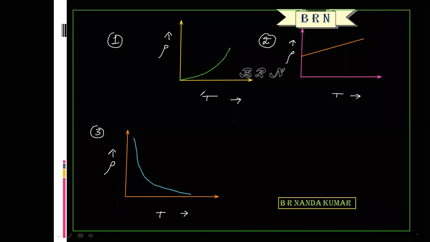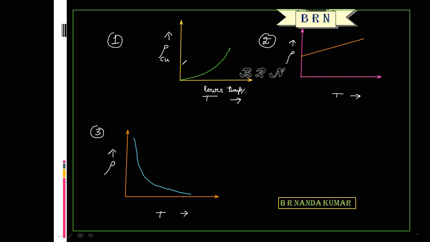Okay, next, let us discuss the graphical representation of the variation of resistivity of a metal, for example copper, at lower temperature.